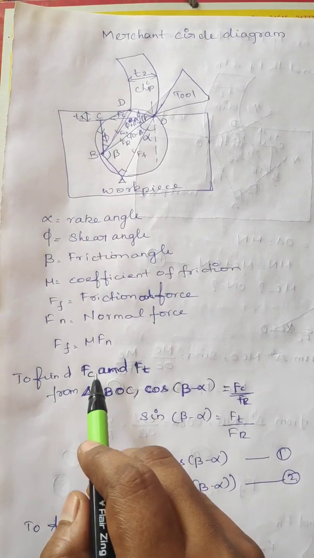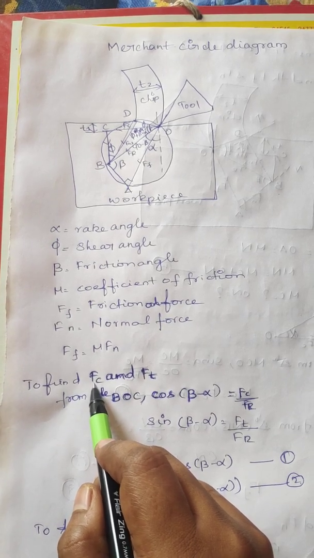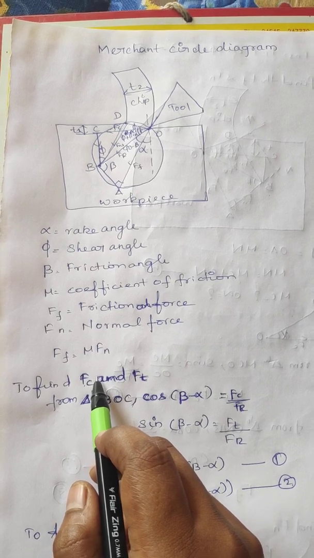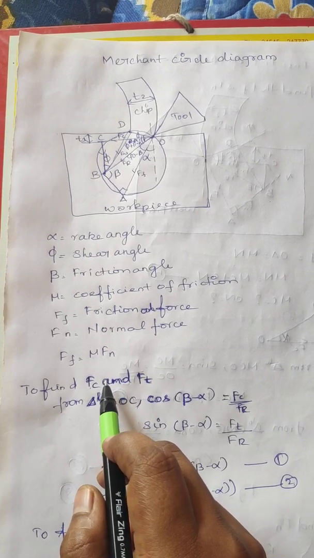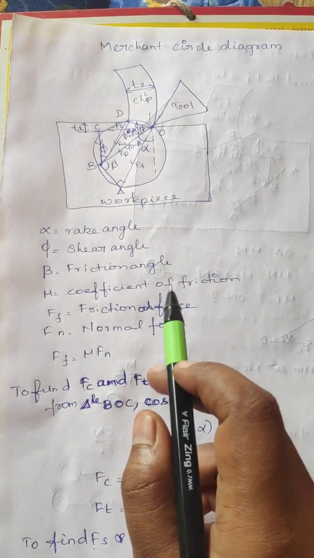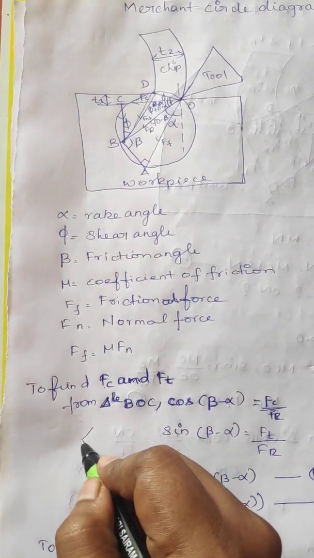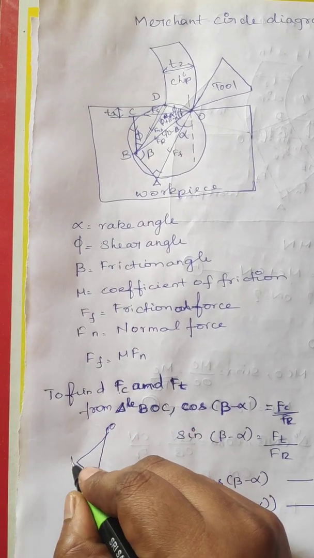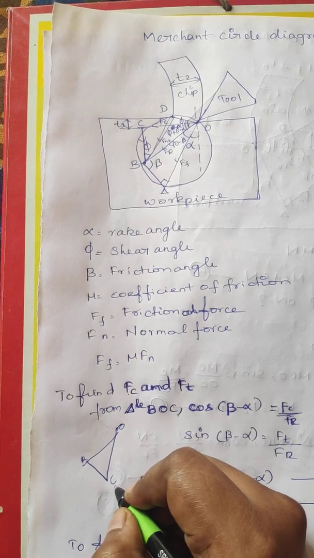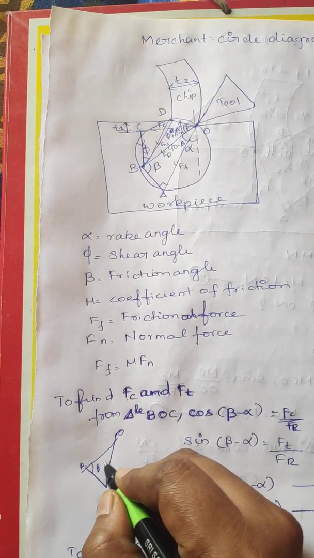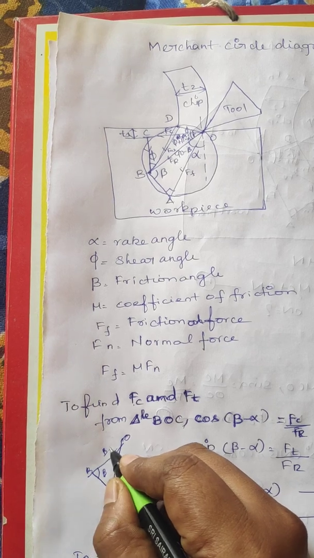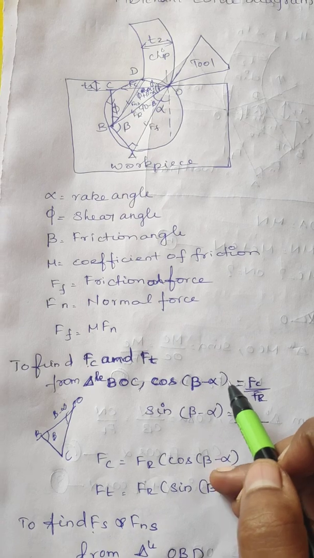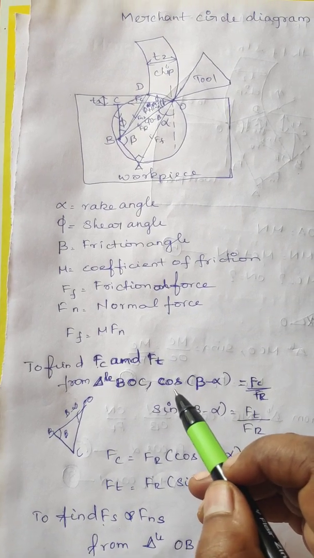First we are going to find the formulas for Fc and Ft. Fc and Ft are the horizontal force and the thrust force. For calculating that, we take the triangle BOC. When we take this triangle, cos(beta minus alpha) is equal to Fc by Fr.